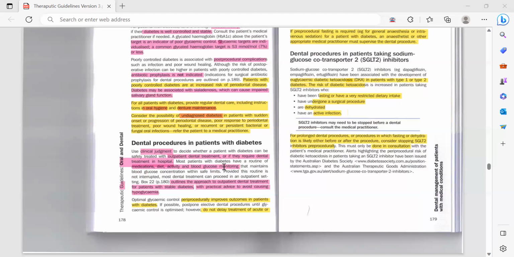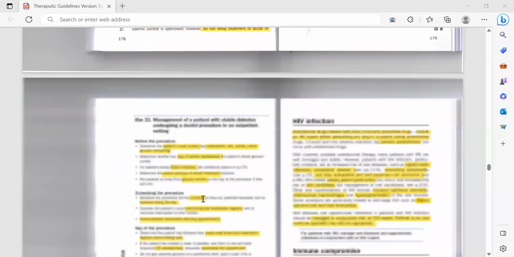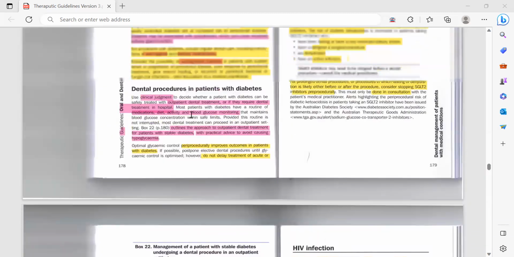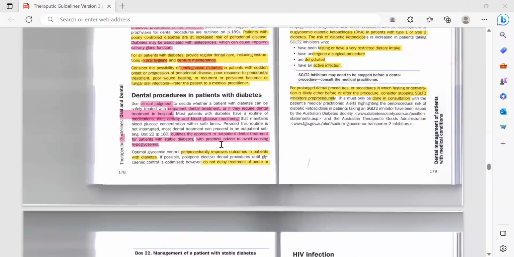It means how often they are going to their GP or doctor to get their blood sugar test done. Provided this routine is not interrupted, if the patient is following all these things, then you can treat the patient in the outpatient setting, and there is no problem with that. And in box 22 we will read what certain precautions you may need to take for these patients. Okay.